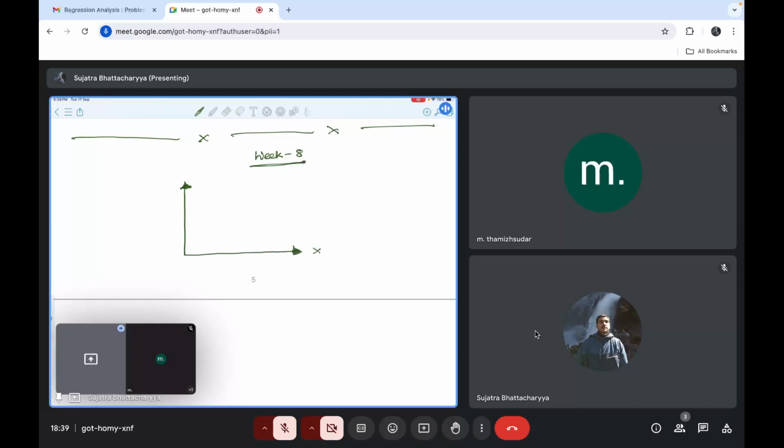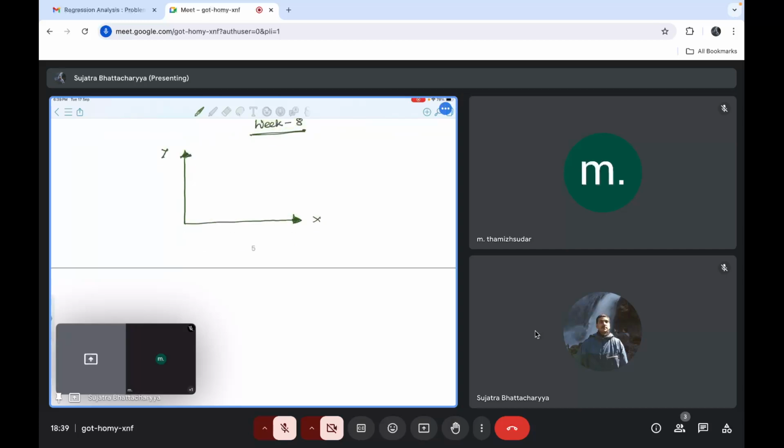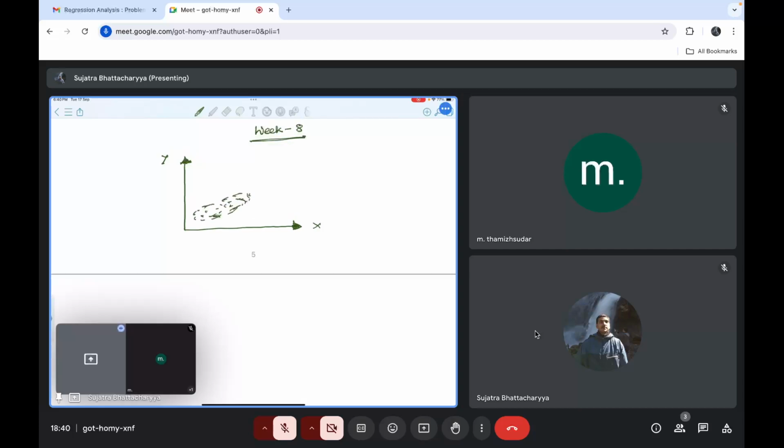Okay. So you have X, you have Y, and you have some data which is mostly scattered up to this point. And you have a corresponding trend line like this. And one of the points is somewhere here, which might be over the trend line or near the trend line. It does not matter. But it has some unusual x coordinate.